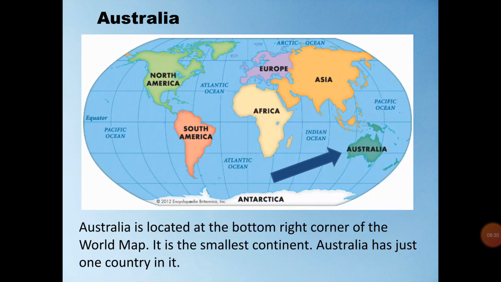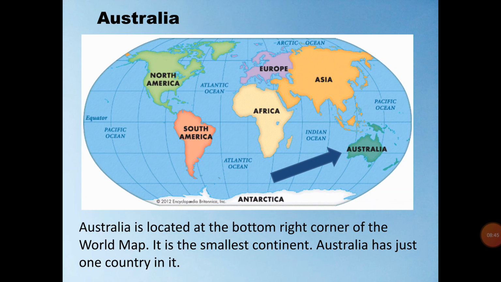Next is Australia. Just now we studied about the largest continent. Now we are going to study about Australia, which is the smallest continent. Australia is located at the bottom right corner of the world map.